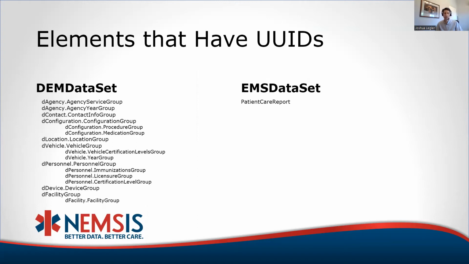And all of these are a group of data elements that can repeat within an agency. So for example, the agency service group indicates a state that an agency serves, along with the counties, census tracts, and zip codes within that state that that agency serves.